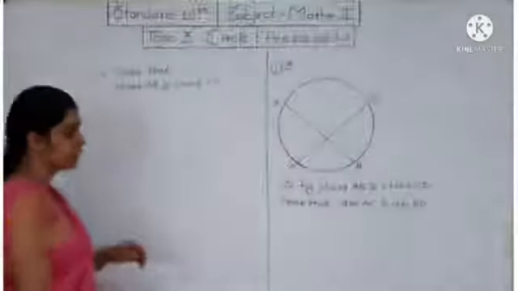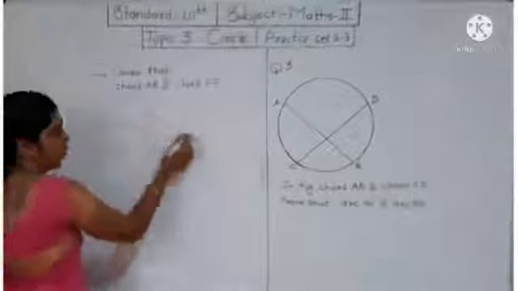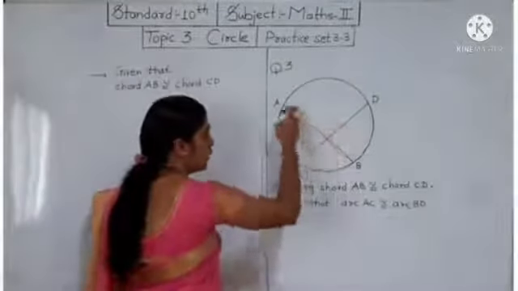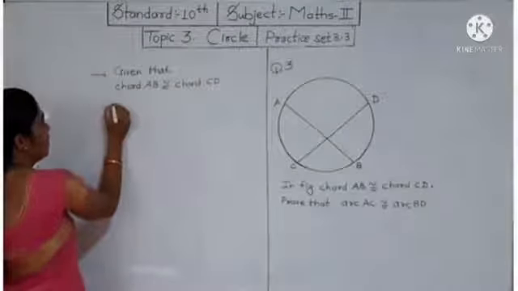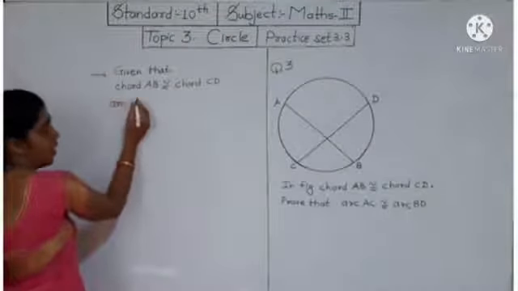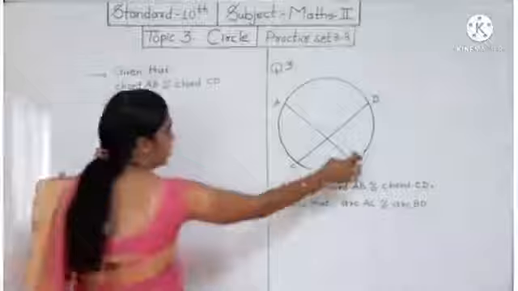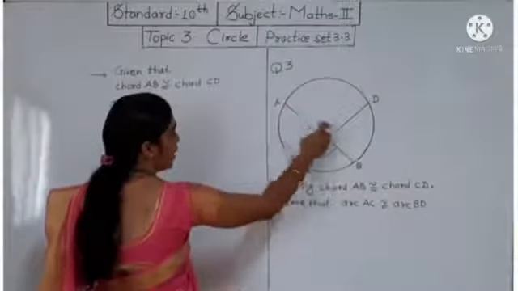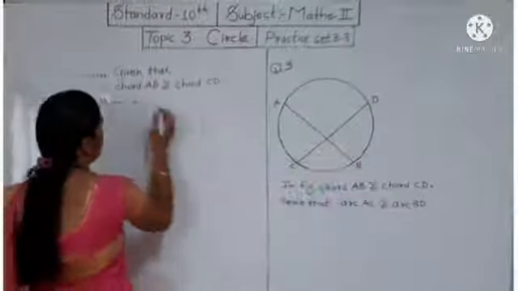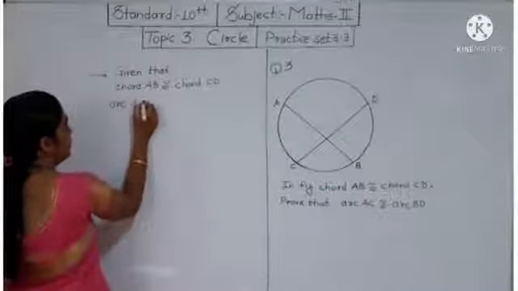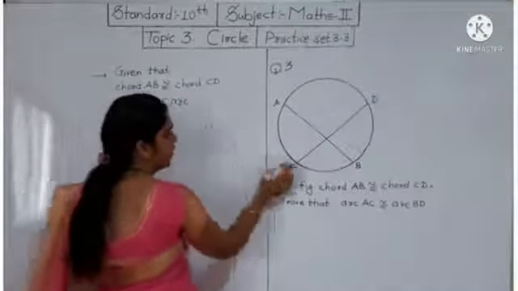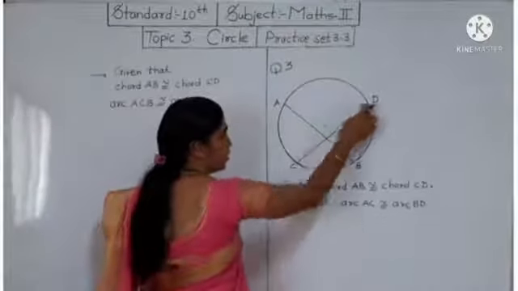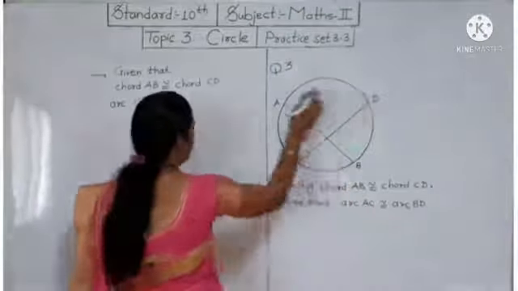So here, if the chords are congruent, then corresponding arcs are also congruent. Therefore, the corresponding arc to chord AB is arc ACB, which is congruent to the corresponding arc of chord CD, which is arc CBD.